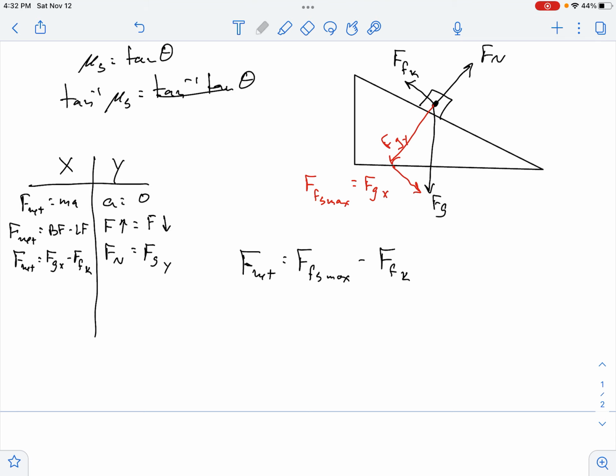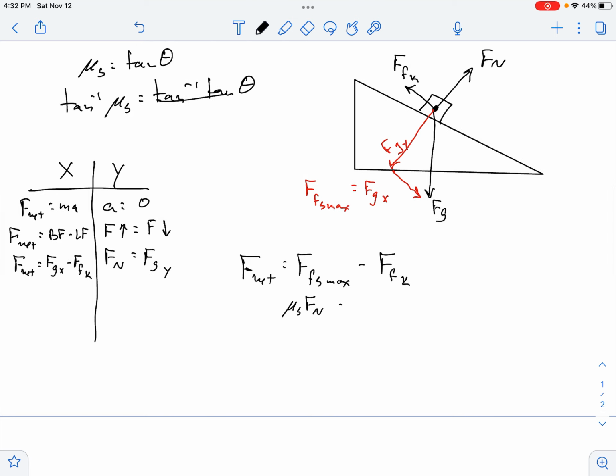My force of friction static max is mu sub s times my normal force, minus my force of friction, which is going to be mu sub k times my normal force.